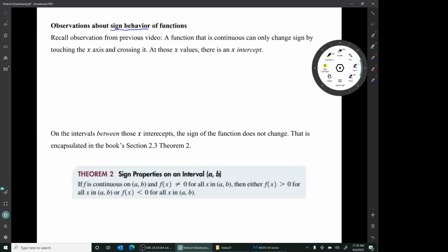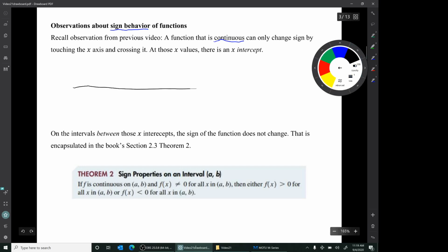Let's make some observations about sign behavior of functions. From the previous video, we observed that a function that's continuous can only change sign by touching the axis and crossing it. At those x values, there's an x-intercept. We had this kind of thing in the previous video.